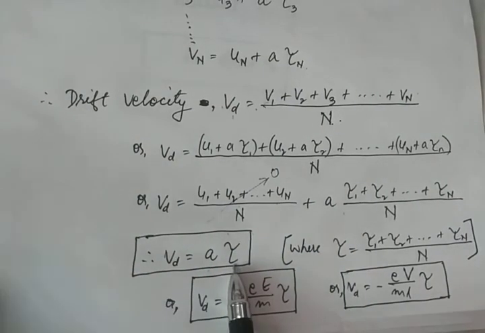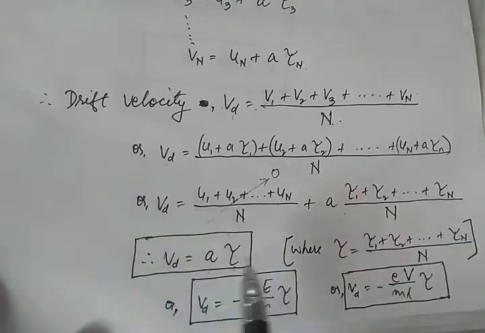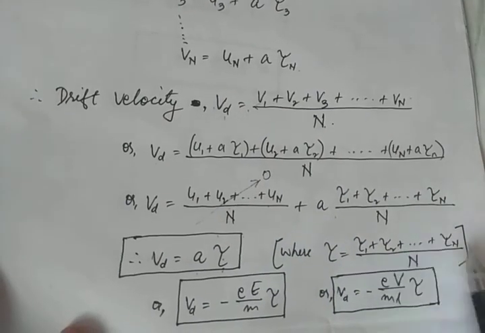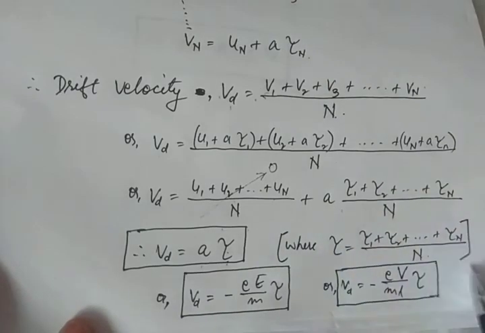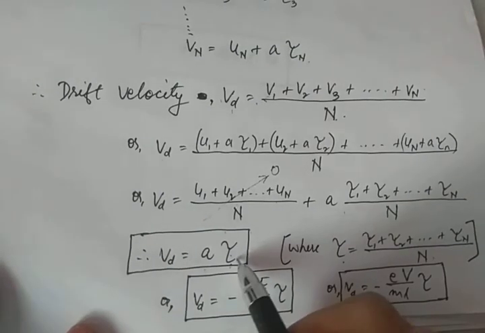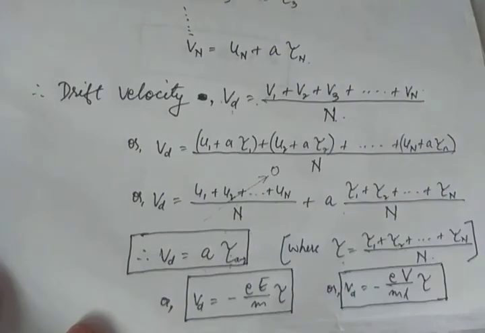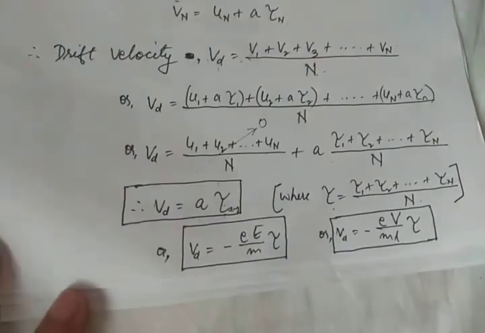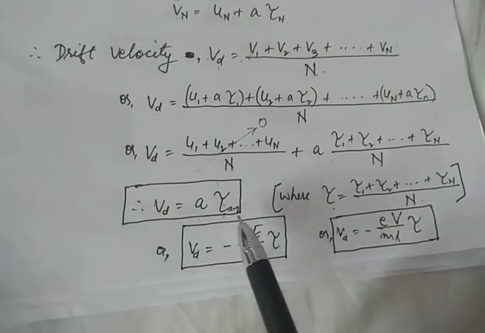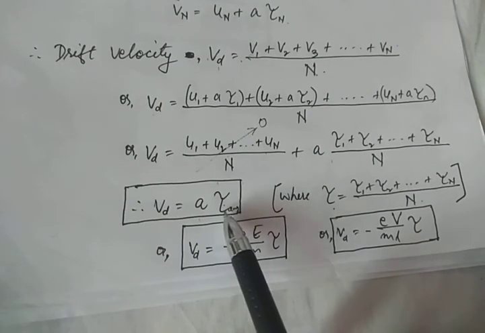Now what is tau here? Tau is tau 1 plus tau 2 plus dot dot dot plus tau n divided by capital N. This is called the average relaxation time. In some books you might also see tau average written over here, but in your book this tau average is simply referred to as relaxation time.